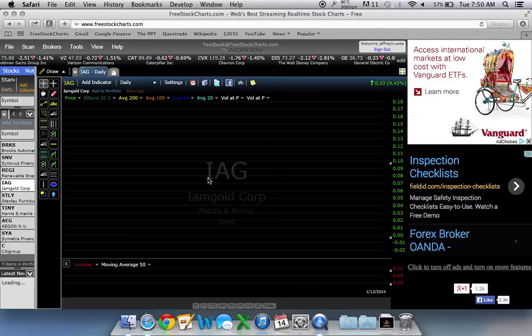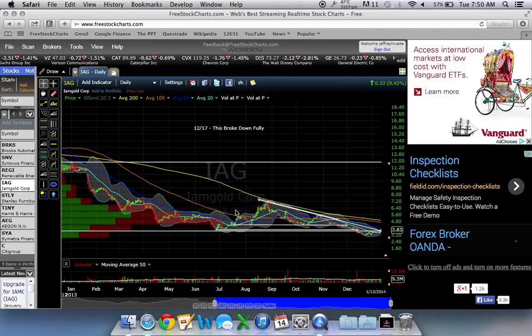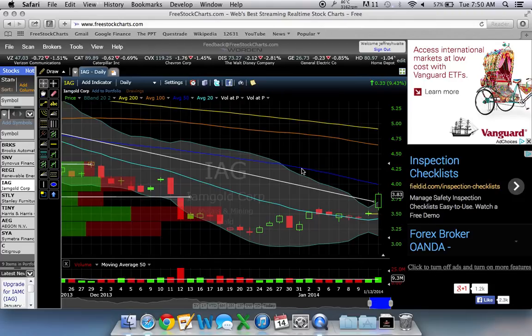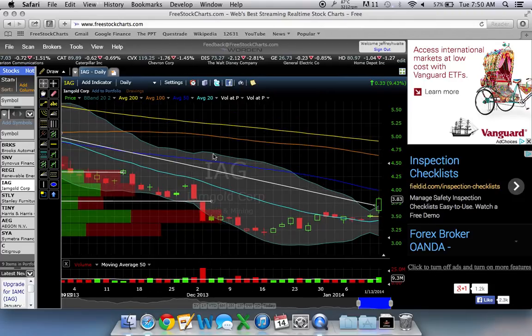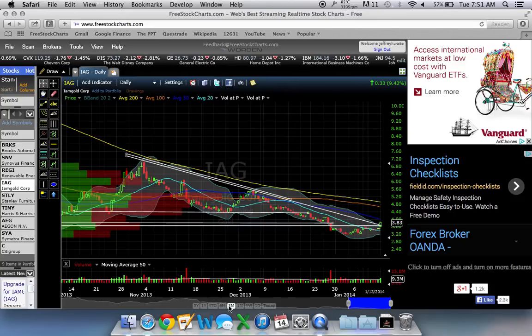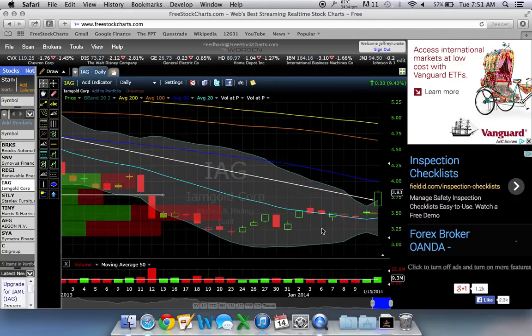One more thing I want to point out, another stock I've been looking at is IAMGOLD. This is a good example of Bollinger Bands that have been pinching. This stock has been consolidating after a steep downtrend, and the Bollinger Bands really pinched in here, and now, yesterday, the stock started to explode higher.